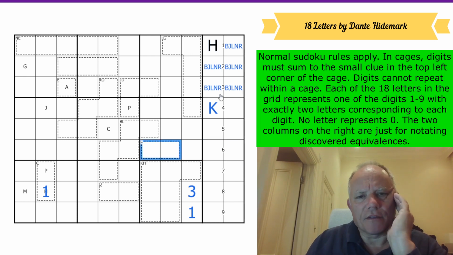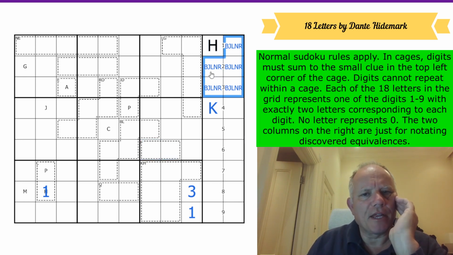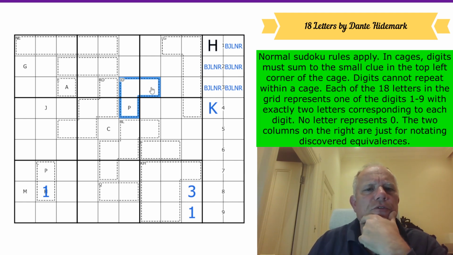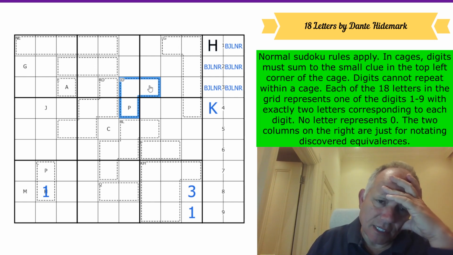I suppose none of the others, we know they're not 1, 2, or 3 because that is a limited, ah! JD here. D can't be 1, 2, or 3. Oh, that's quite interesting now.